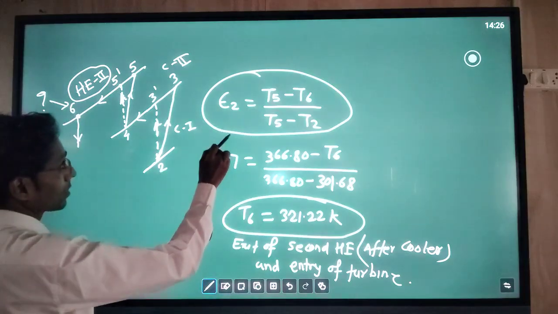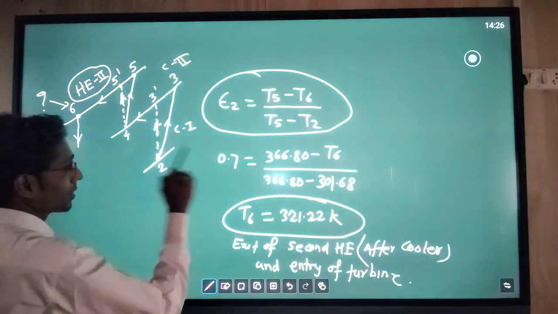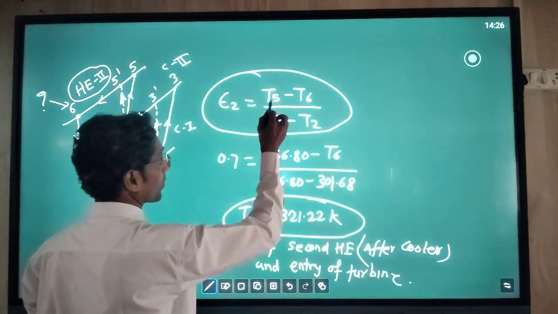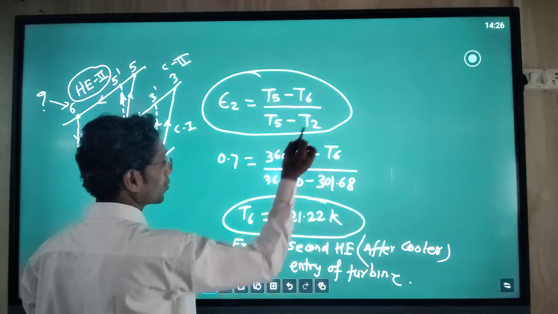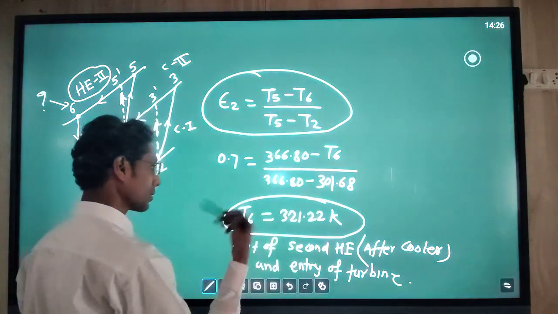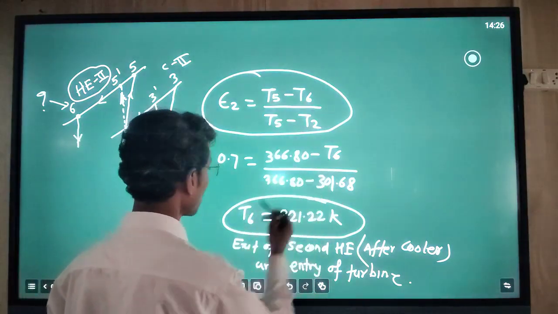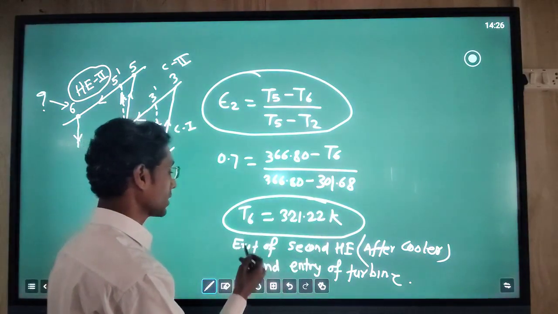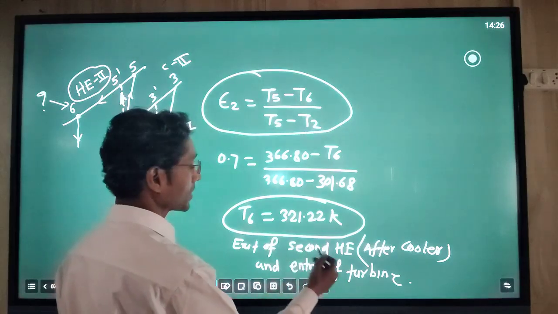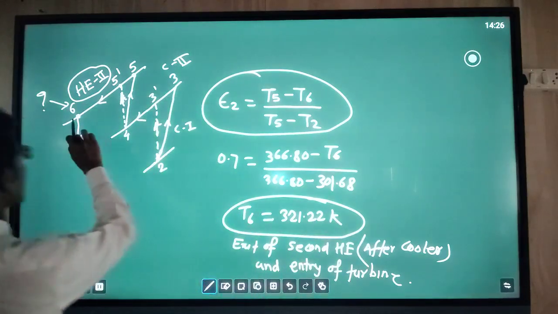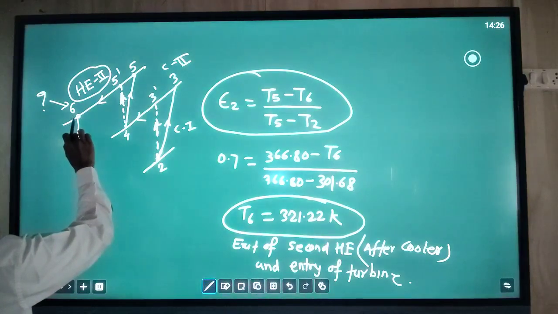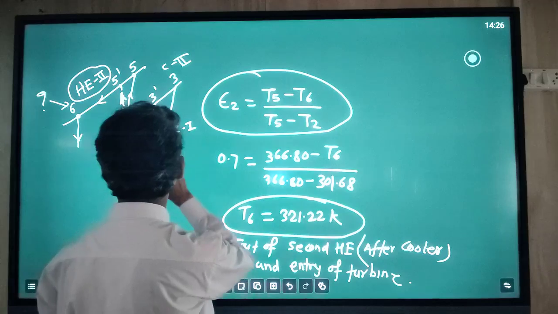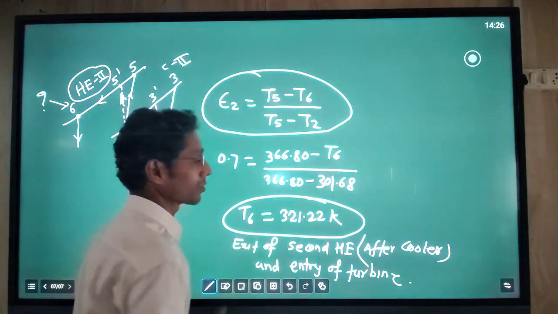In this formula, effectiveness is given as 0.7, and the temperatures at points 5 and 2 were calculated in previous steps. By putting in the values and doing the calculation, we find the temperature at the exit of the second heat exchanger, or the entry of the turbine. This is the actual temperature we get from this calculation.